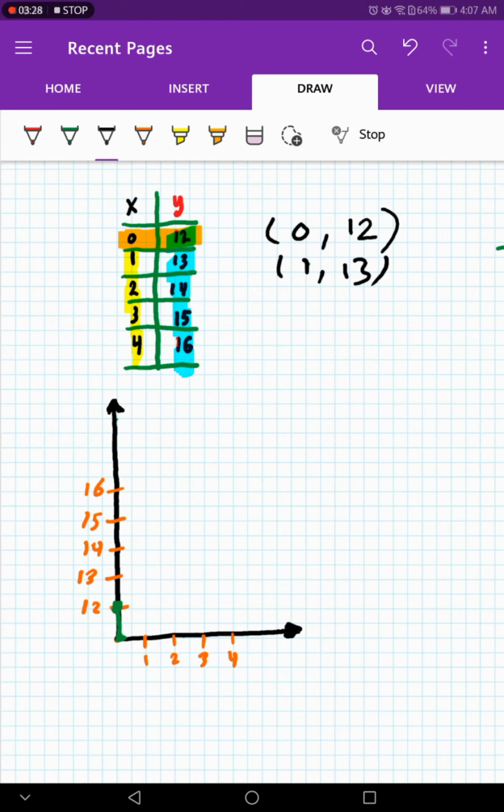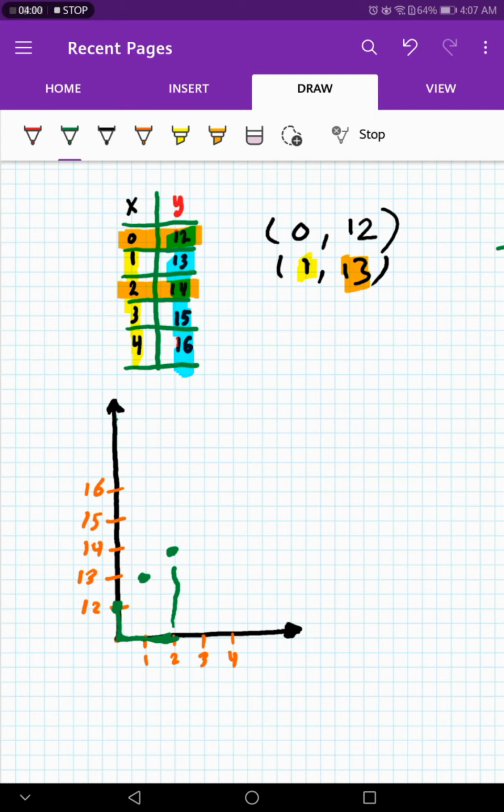It asks me to move 1 to the right and 13 up, so it is here. And the third one is (2, 14): 2 to the right and 14 up, so it will be here.